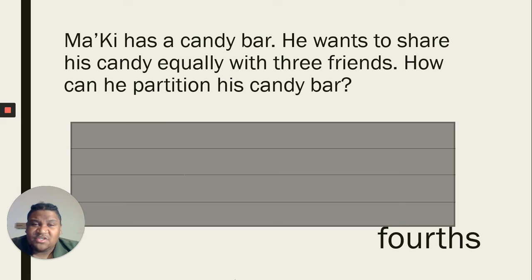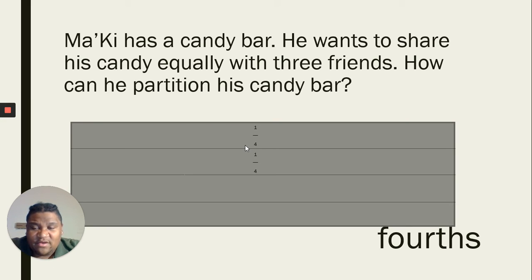Now, I want you to think about what fractional unit would symbolize Makai's share of the candy bar. 1/4. We know that the 4 will let me know how many equal pieces are in the candy bar.